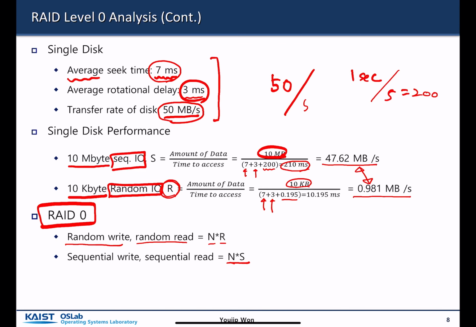So remember, S is the sequential bandwidth, and R is the random bandwidth. We're going to differentiate sequential read and sequential write and random read and random write in the later part of the presentation.